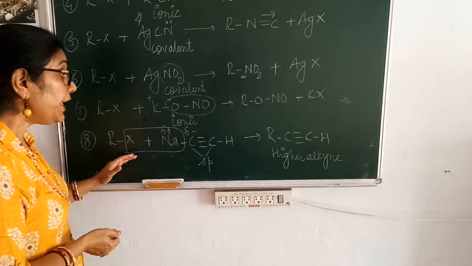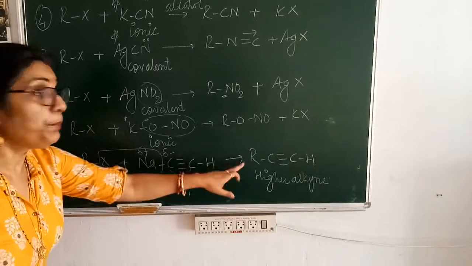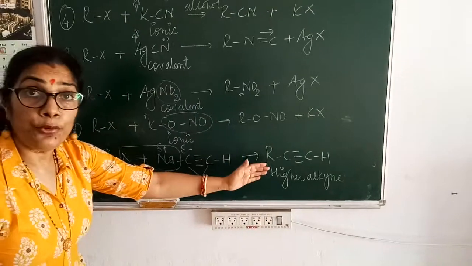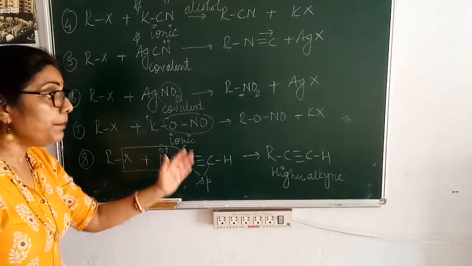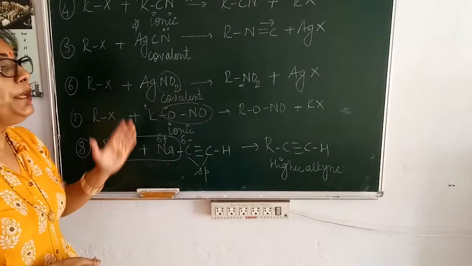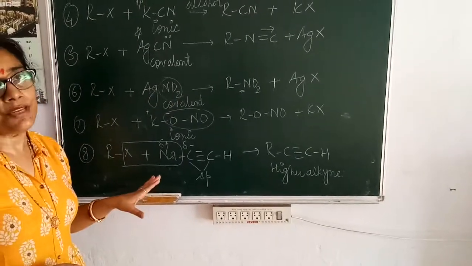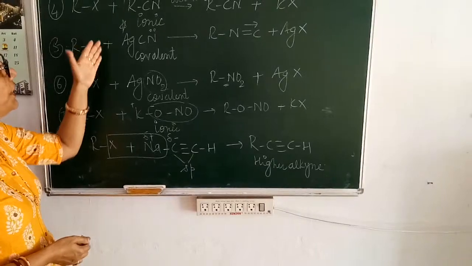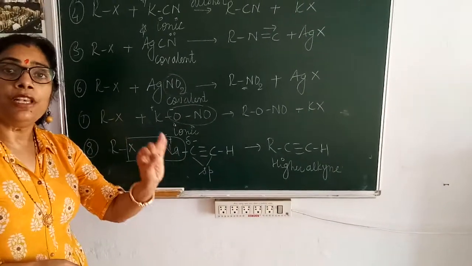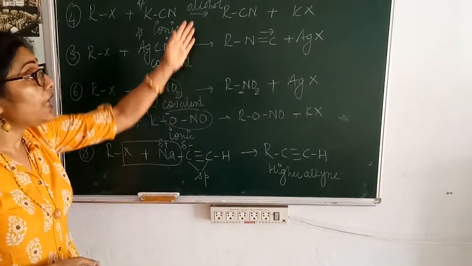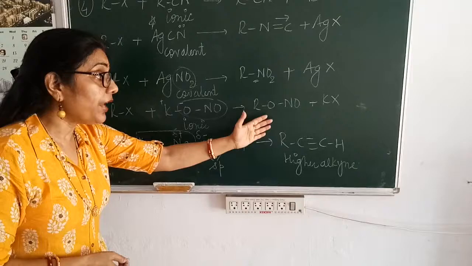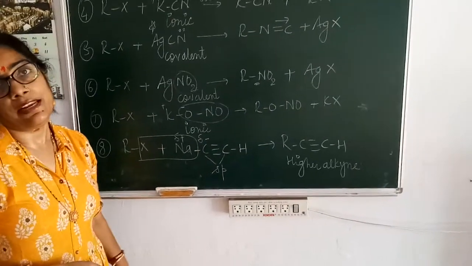If you use CH3 here, you will get propyne. If you use C2H5 here, you will get butyne. And not only that, both terminal and non-terminal alkynes can be prepared by using this reaction. So by using these nucleophilic substitution reactions, you can prepare alcohol, ether, ester, cyanide, isocyanide, nitroalkane, alkyl nitrite, as well as higher alkynes.